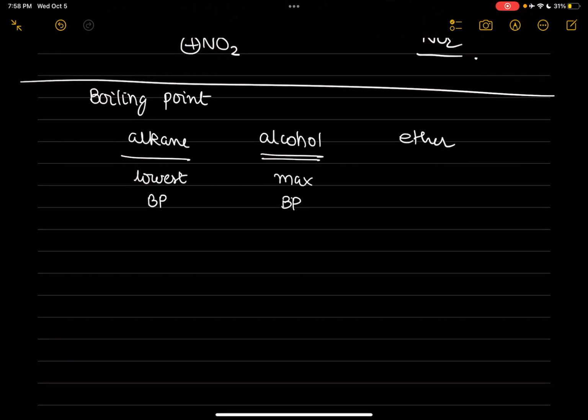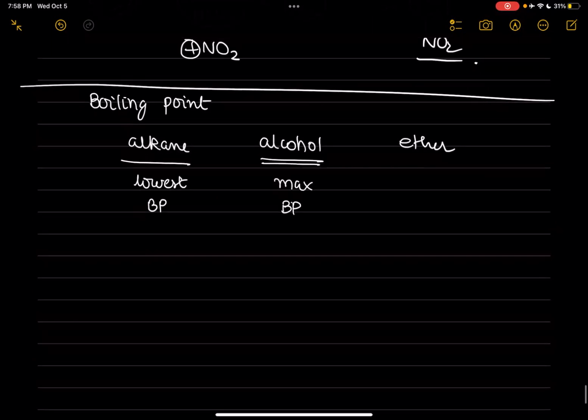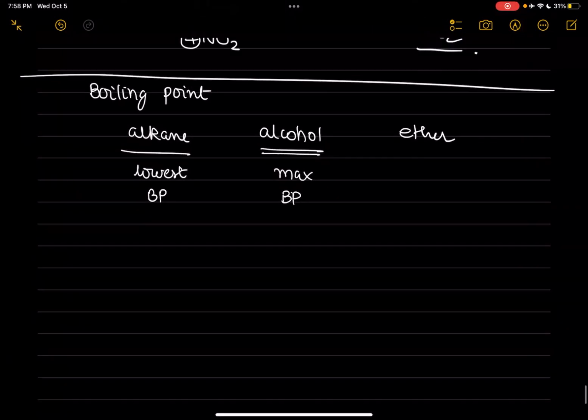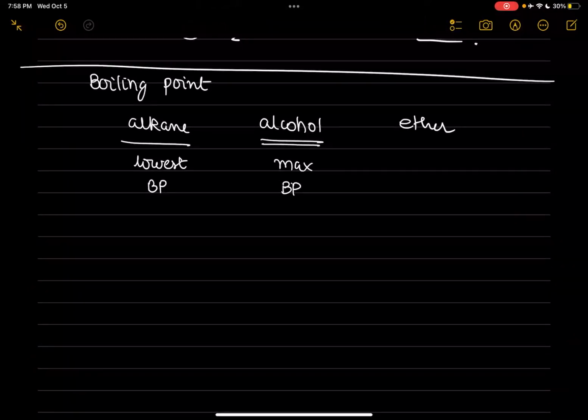Lowest boiling point, right? But if you have a large alkane with more carbon atoms, then it could be more. But if the number of carbon atoms is the same, then alkanes will have a low boiling point and alcohols will have the highest. Ethers will be somewhere in the middle, right? So I hope this is clear.